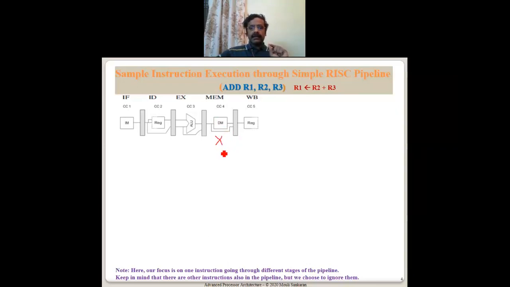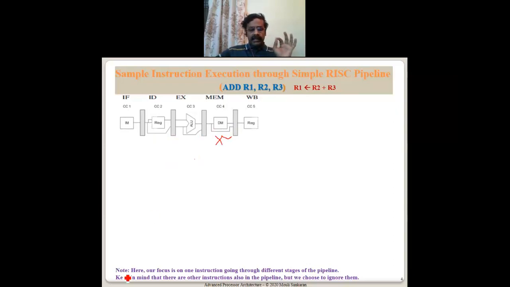In that case, don't think that this instruction will just be moved out even if it is halfway through. There will be hardware logic to understand whether this particular action is done or not, and then an action is taken which is called stalling the pipeline. Stall, S-T-A-L-L. So that means no other instruction can come in until this is completed.